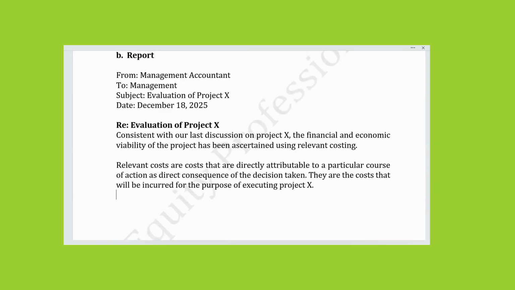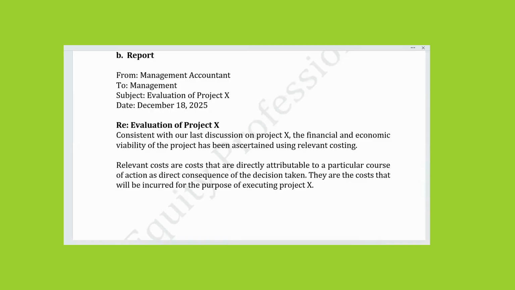So you can then go back to the third paragraph to mention that your analysis in Appendix A above shows a relevant cost of 180,000 naira. This means that the project is financially viable, considering the fact that we are currently operating above break-even points.